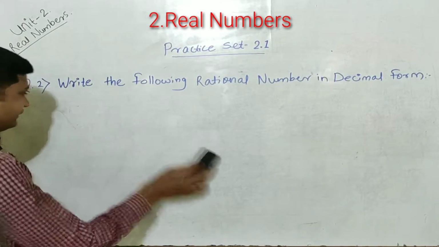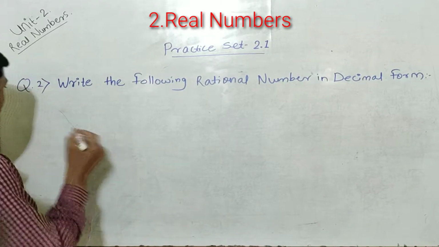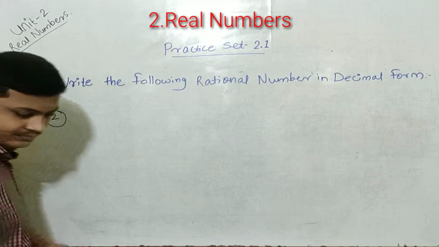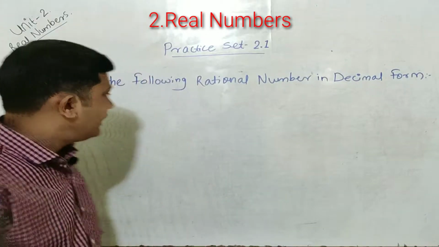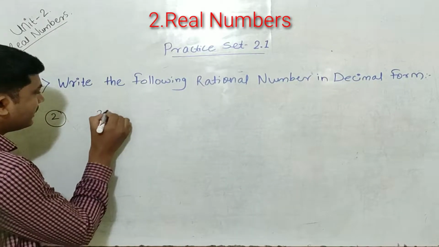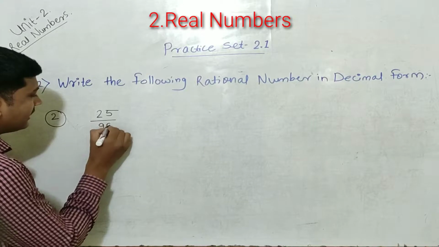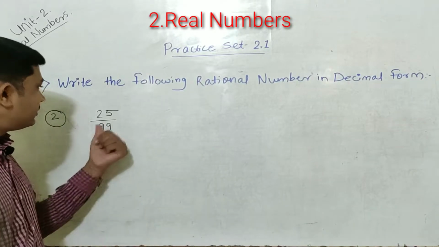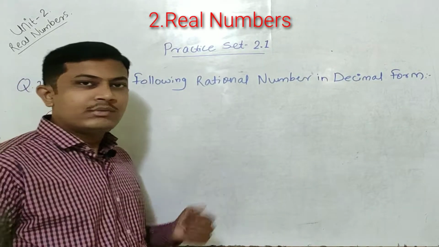Now next question, second one is 25 divided by 99. So as per the usual division method we have to solve it.